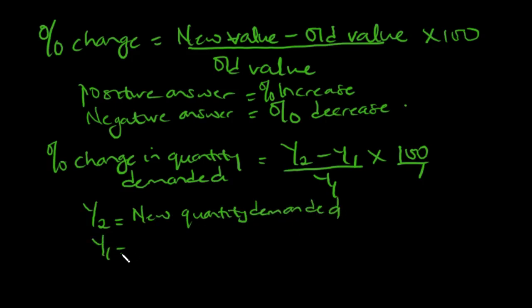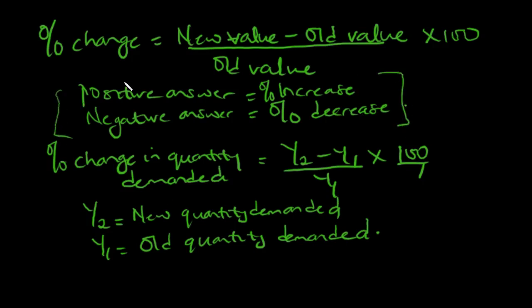Then y1, you can say old or initial quantity demanded. So what you just have to note is whichever of the formulas is convenient for you, but if I were you, I'd just stick to one and keep the rules in my mind.